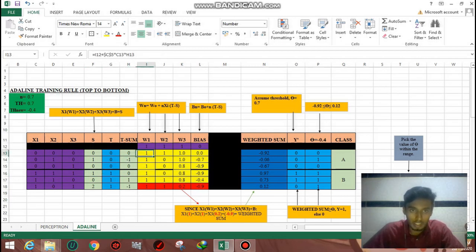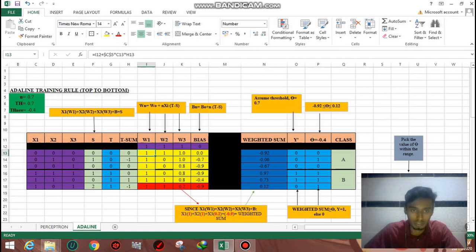For W1, we use the initial value plus n, which is 0.7, times x1 of the first row, and then times t minus s, which is t minus the sum.